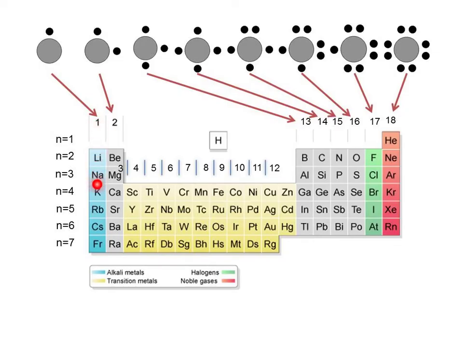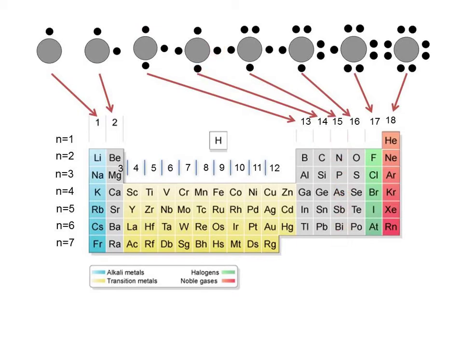Alright, if we look at group 1, all of them have 1 valence electron, so here's the structure. This dot right here would be next to the element symbol, and it represents 1 valence electron. Group 2 has 2 valence electrons. Group 13 has 1, 2, 3 valence electrons. Group 14, 1, 2, 3, 4 valence electrons.